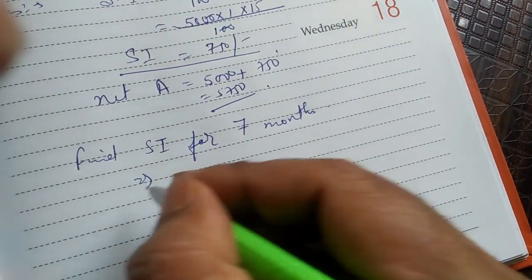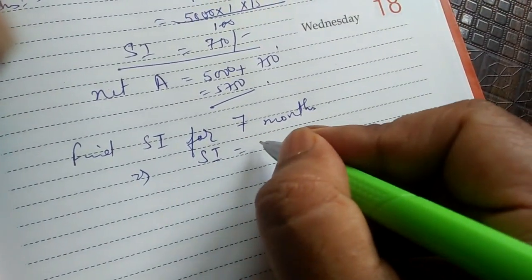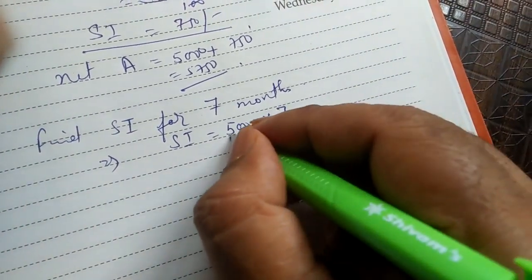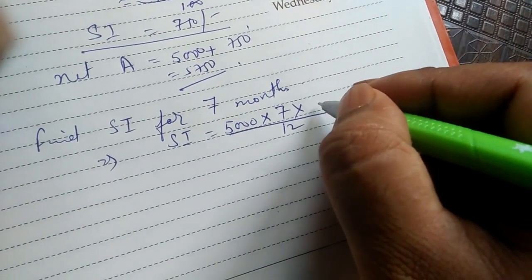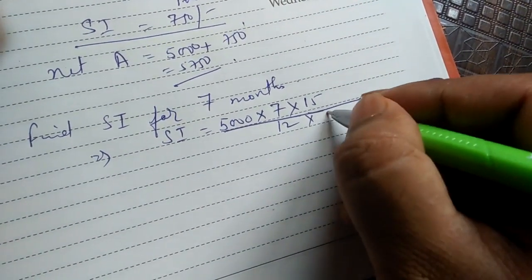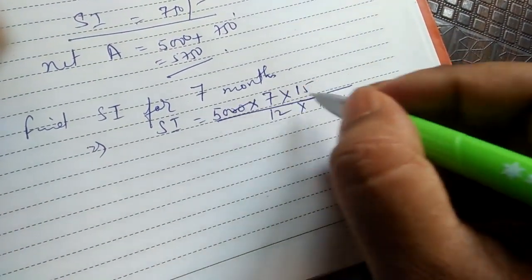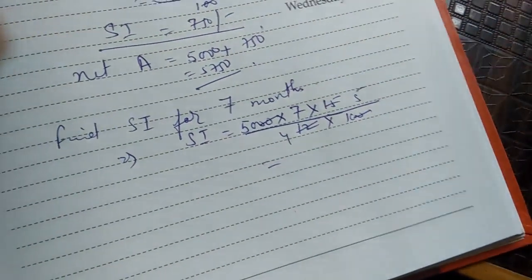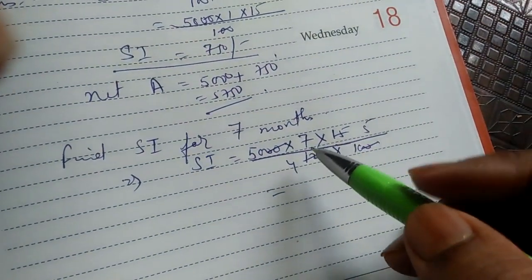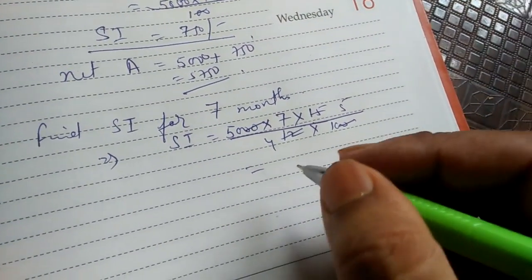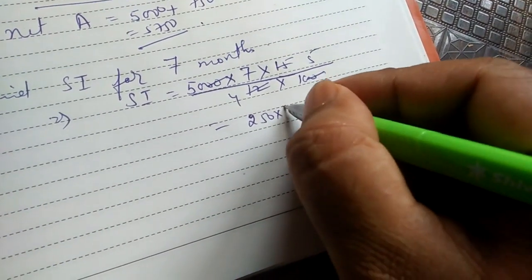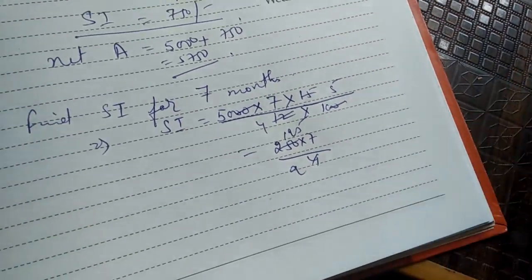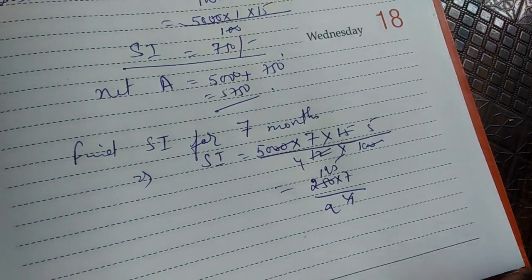So SI is equal to principal 5,000, N is equal to 7 by 12, R is equal to 15 divided by 100.